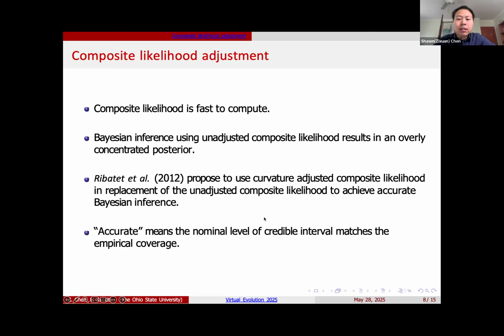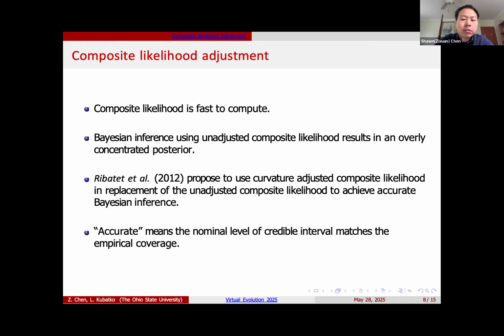So composite likelihood is fast to compute, but an adjustment to the composite likelihood is needed for Bayesian inference. An unadjusted composite likelihood results in an overly concentrated posterior because information is used repeatedly.